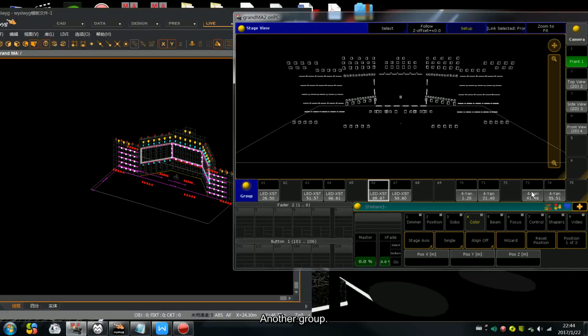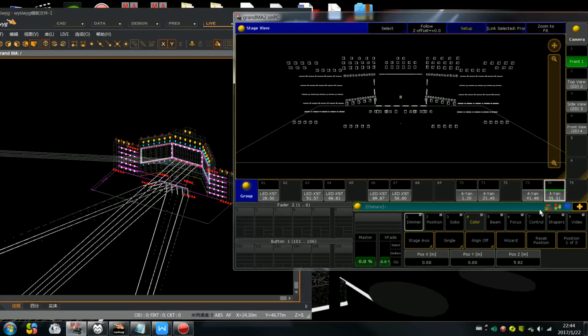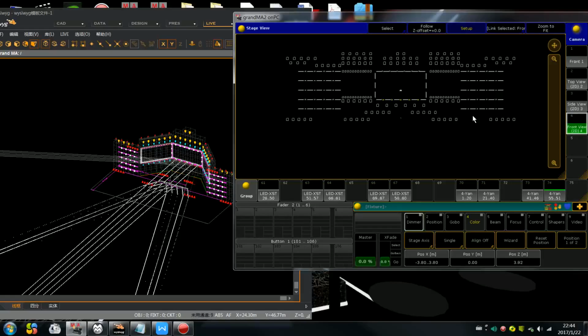Hi, another group. Come down first to a place of 4 meters 2. Press divergence again. A little bit shorter.